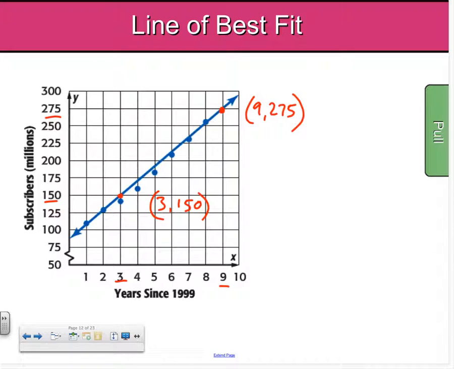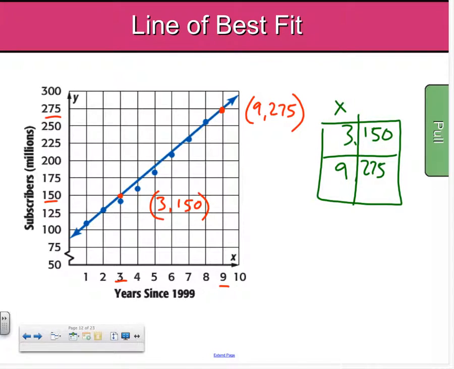So what do I do with the 2 points from this line? Well, there are several things we can do. You can use the slope formula, which would be y2 minus y1 over x2 minus x1. Or basically, if you remember, I said to just put them into a table. So if I have (3, 150) and (9, 275), make a table: this is x, this is y.